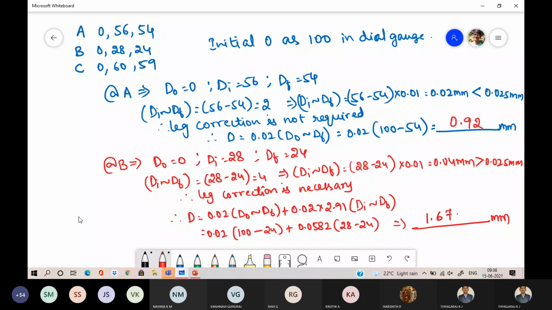So at point C, calculate. At point C, what is the D value? Kindly tell me. It will not require a lag correction. So kindly check it and tell me what will be the D value.